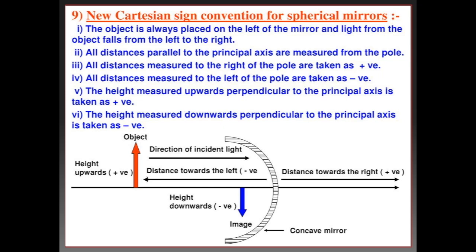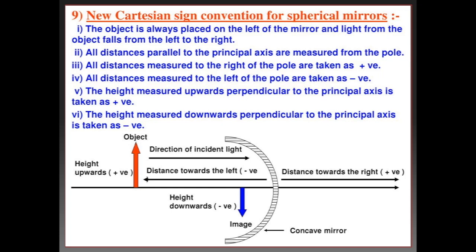The object is always placed on the left side. Height upwards and height downwards are given there. The object is always placed on the left of the mirror, and light from the object falls from left to right.